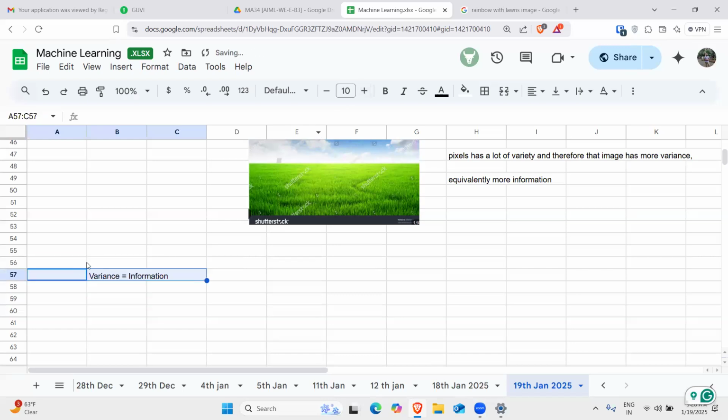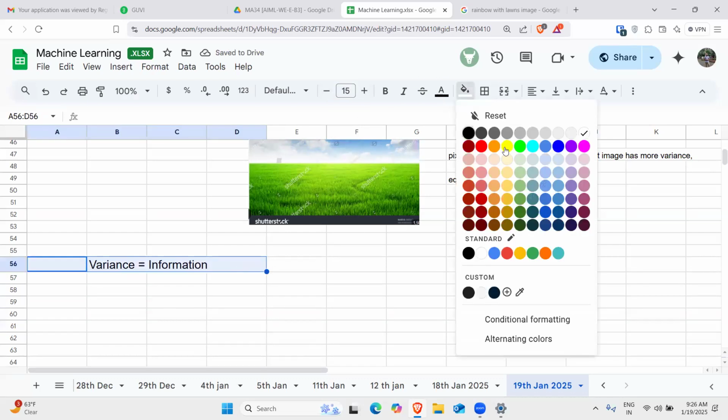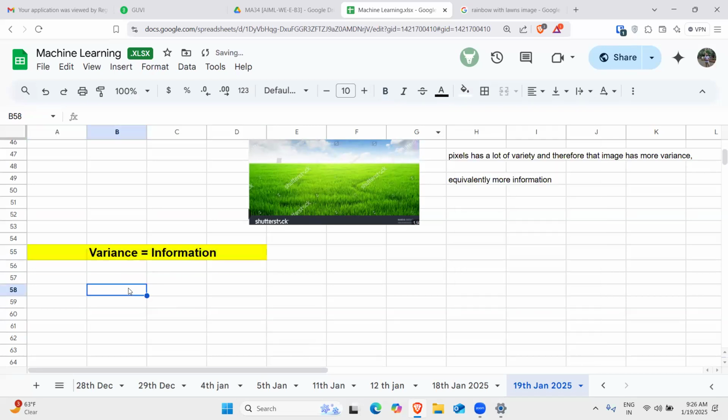So what I'll do is take this. Let's increase the font. Let's color this black. Now let us take an example: we have patient ID, height in centimeter, weight in kg, and age.